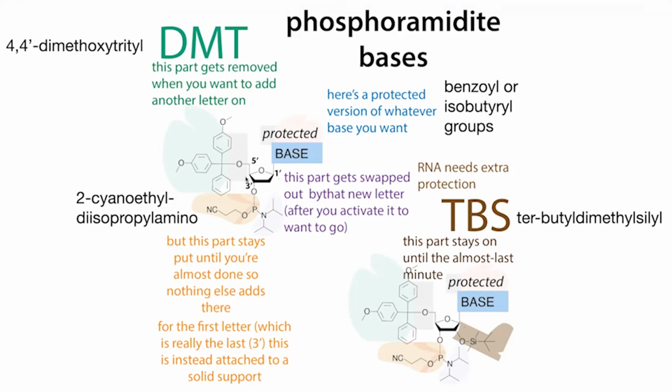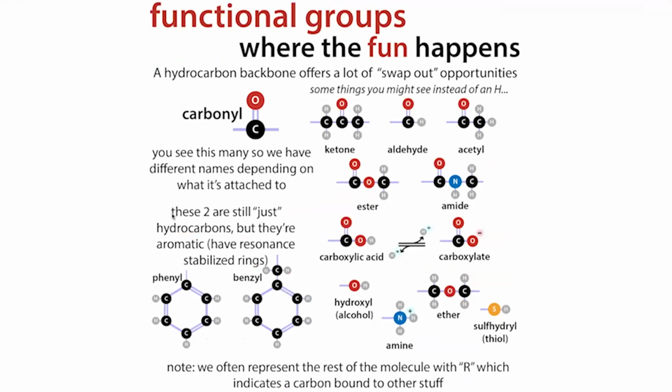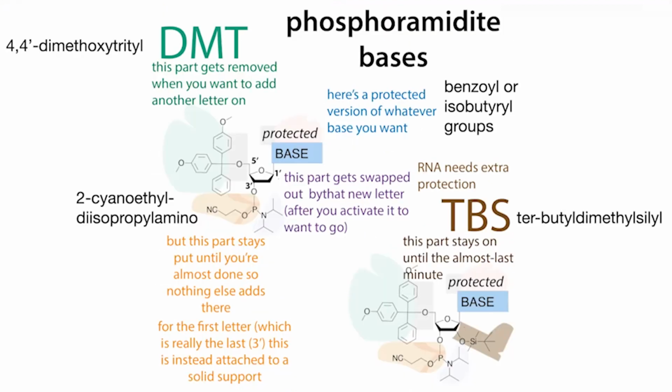And then that 3' position, that OH, is often protected by 2-cyanoethyl diisopropylamino. So don't be too scared off by that name. Remember, those are just characterizing the different chemical groups. It's a long word, but really you can just think of it as kind of like a shoe that's on this reactive group. So it's going to prevent this from reacting when you don't want it to react.